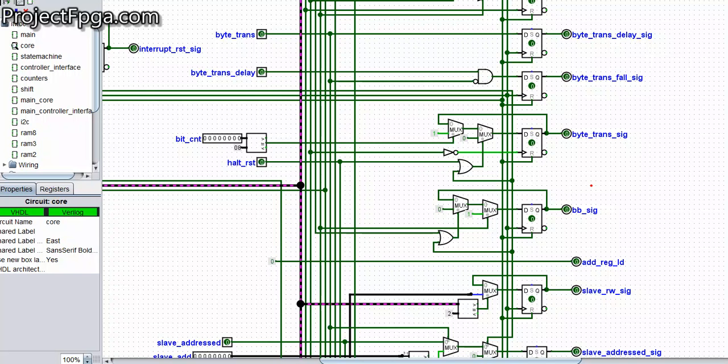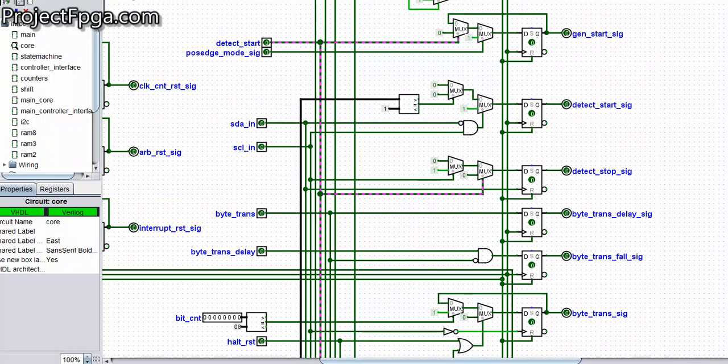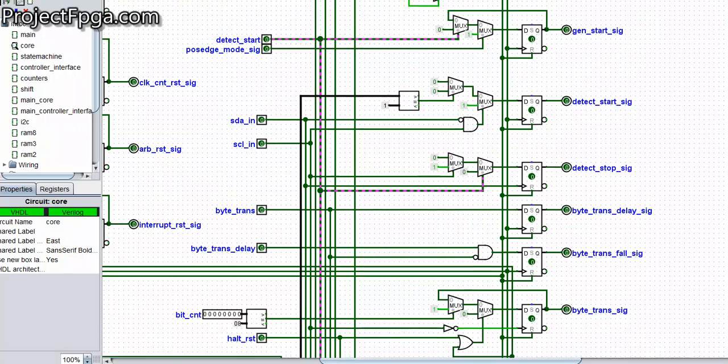Now we have this BB sig. This BB sig, I told you earlier, means bus busy. So let's just see what turns it on. Let me highlight it. A detect start condition. Remember, detect start occurs only once. On the next SCL main state, it goes back to 0.